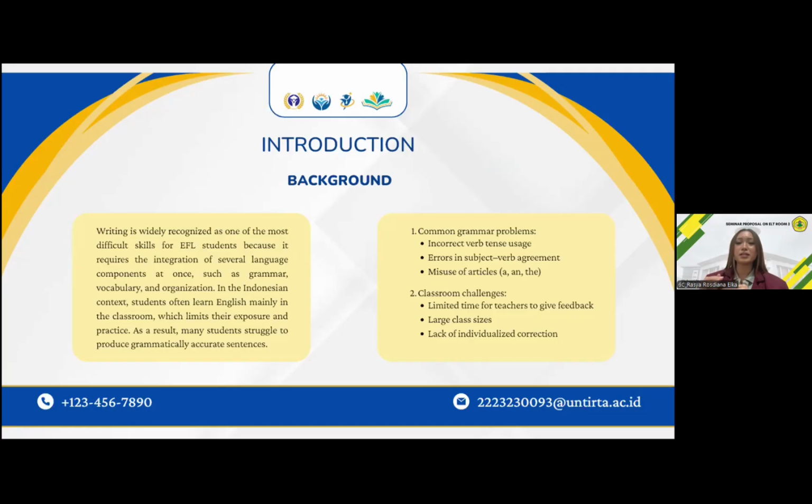They rarely use English in daily life. Because of this, their exposure to English is very limited and it affects their ability to write correctly. So many students still make grammatical errors when writing. For example, they use incorrect verb tenses like mixing past and present, they make mistakes in subject verb agreement, and they misuse articles such as a and the.